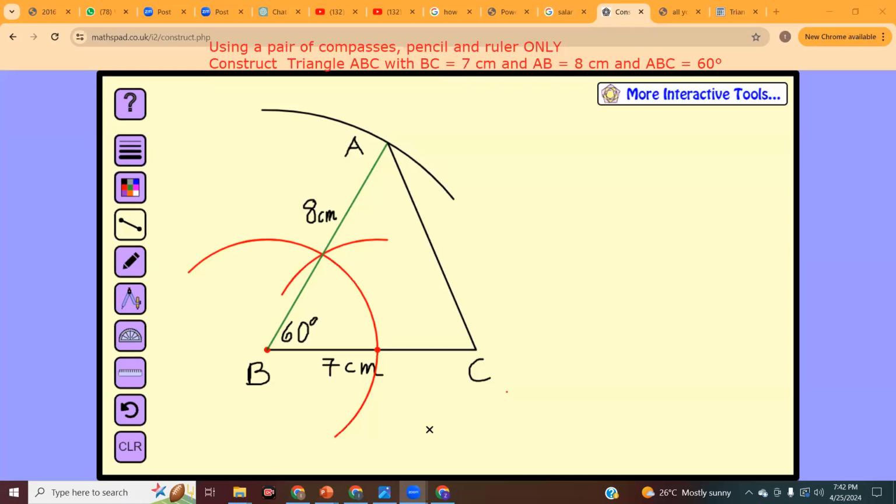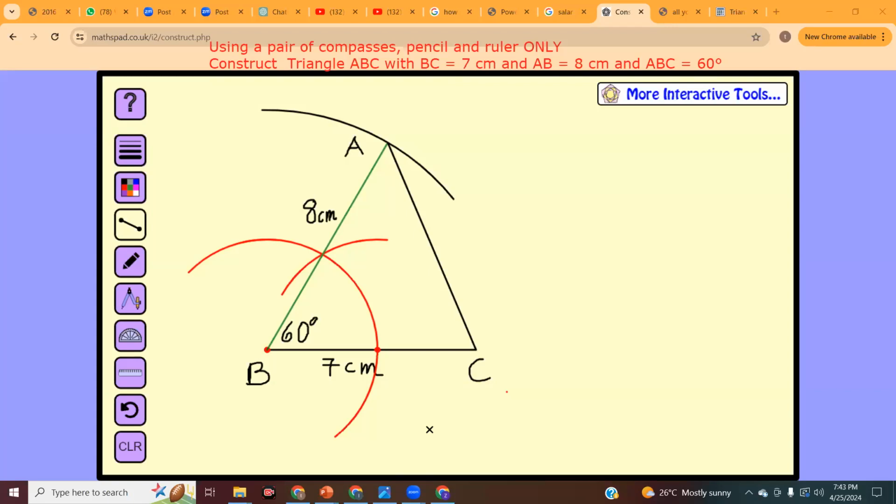All right. Where is Chai? Chai, are you there? Yes, sir. Can you explain how we constructed this? Yes, sir. First, we draw a line 7 centimeters.